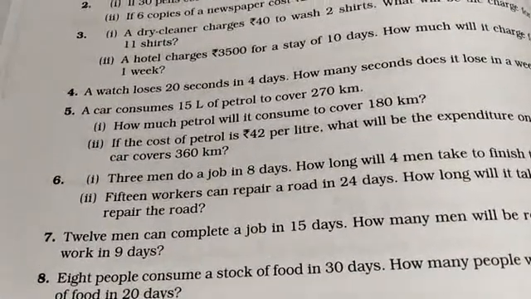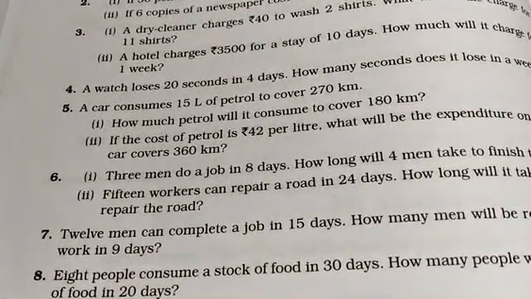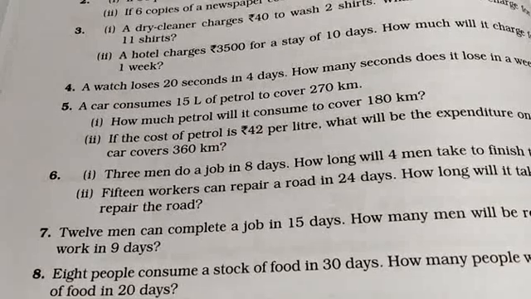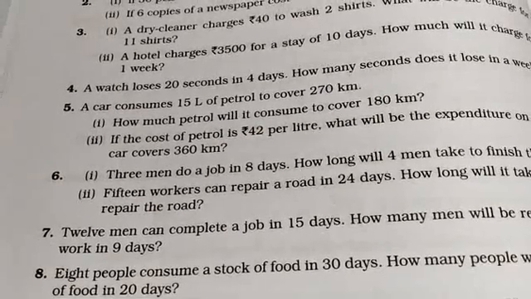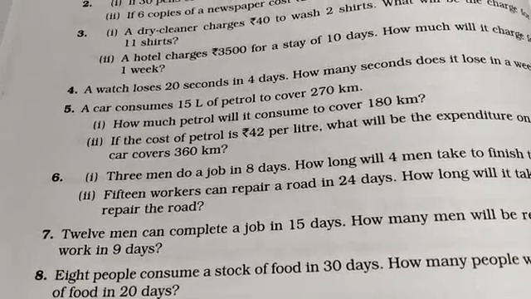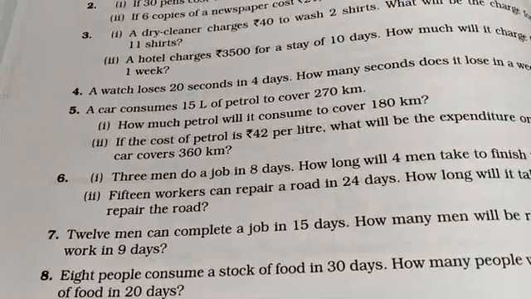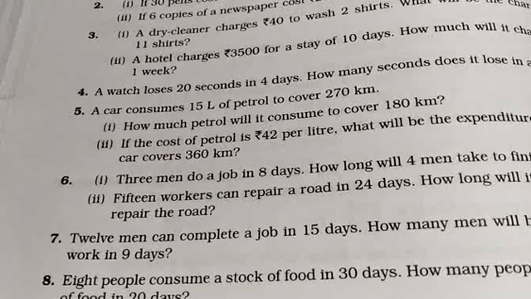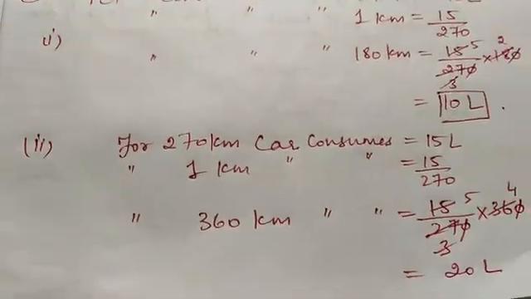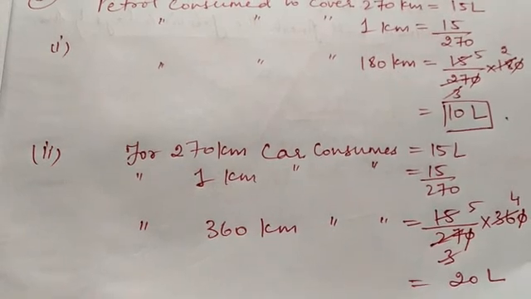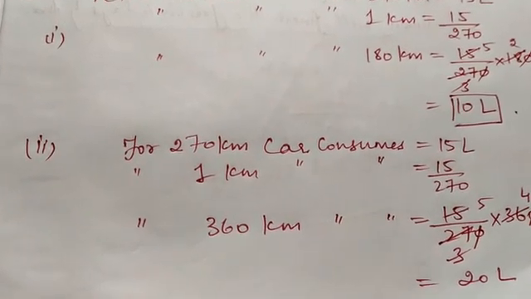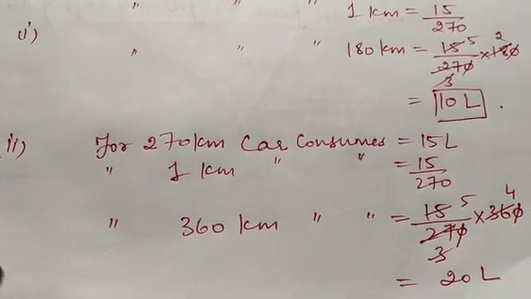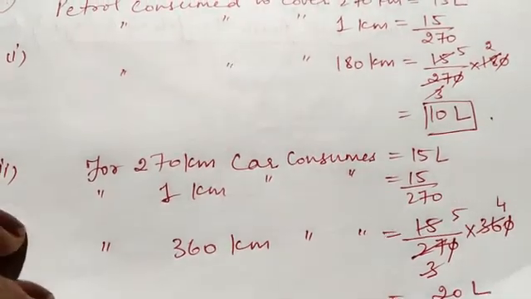See, in this, remember that there are two parts, and the first sentence which is given in the question, a car consumes 15 liter of petrol to cover 270 kilometer, goes for both the parts, for the first part also and for the second part also. Okay, so using this we have found how much petrol 360 kilometer distance requires. So you need 20 liter.